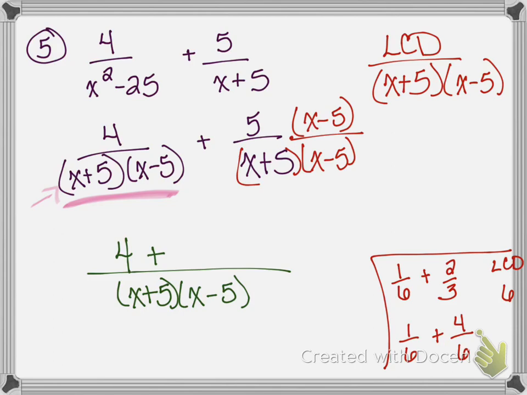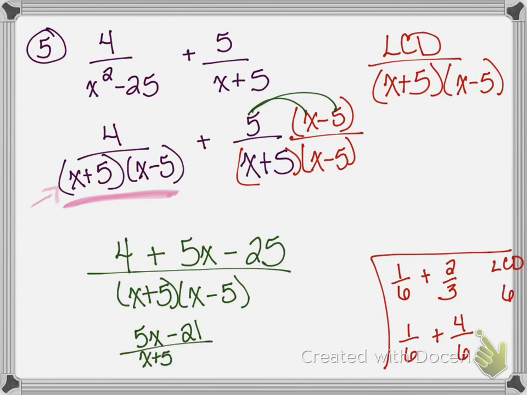And from my second rational, I'm going to distribute this, so then I have 5x minus 25. My 4 and my negative 25 can combine. So I'm left with 5x minus 21 over x plus 5 times x minus 5. And that is my final answer.